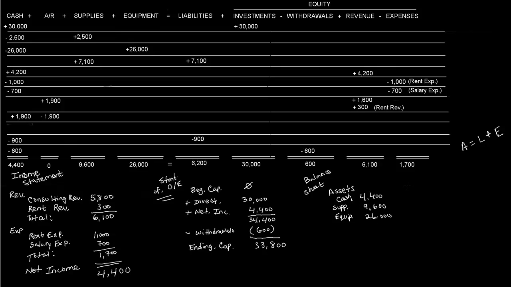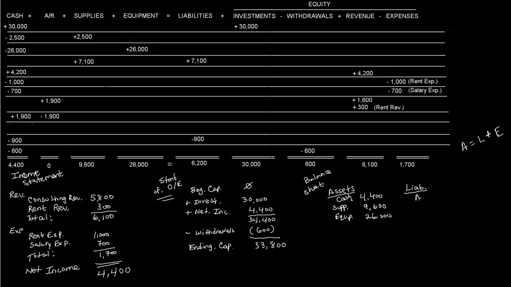And then we also have liabilities, and I'm going to abbreviate that. And again, our liabilities is just that one accounts payable. Actually, there's two over here. It's this account payable minus the amount that we've already paid, which is 900, which gives us a total account payable remaining of 6,200.